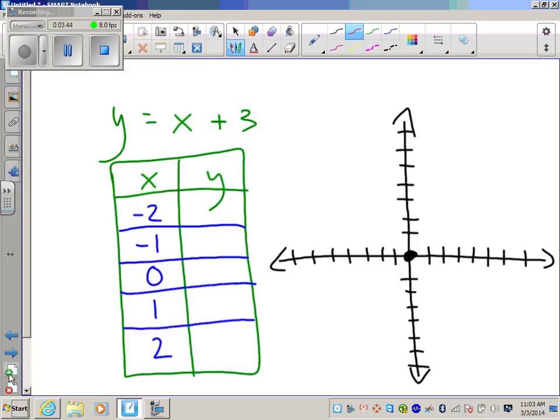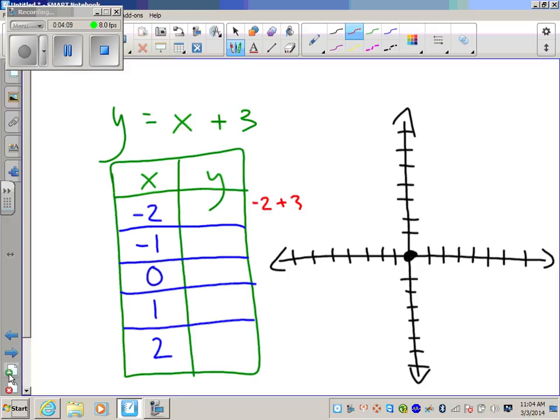So let's fill in accordingly. Fill in my values for y once I know x. So a -2 for x plus 3. Where does that put me for my value of y? If I'm at -2 and I add 3, here's the number line right here. -2, add 3: 1, 2, 3. Where is that?